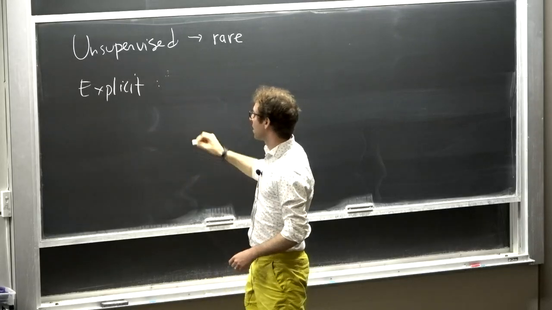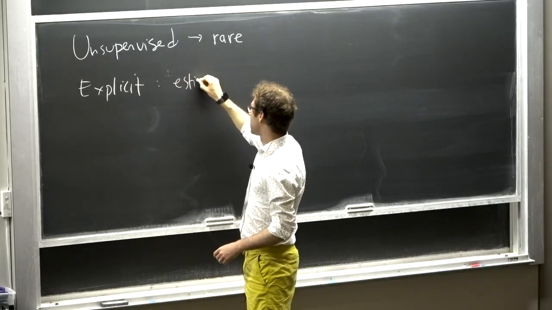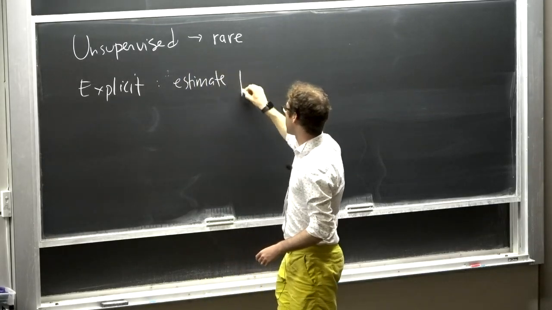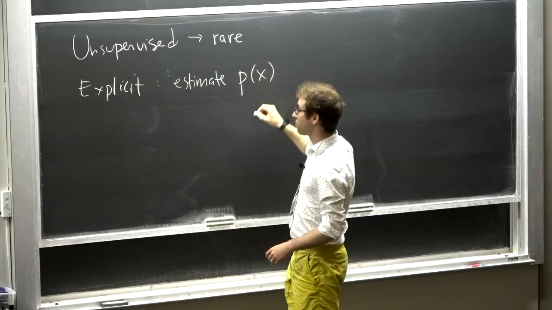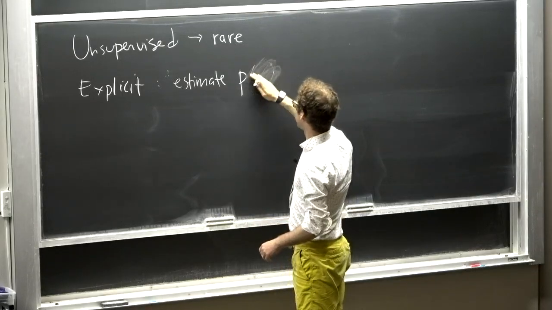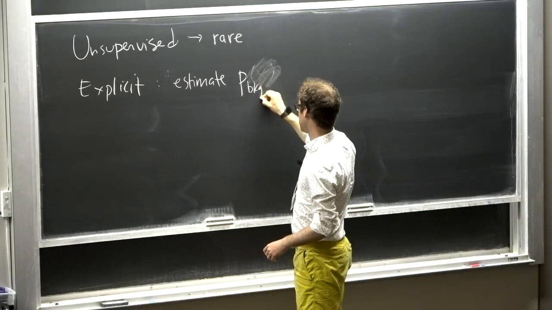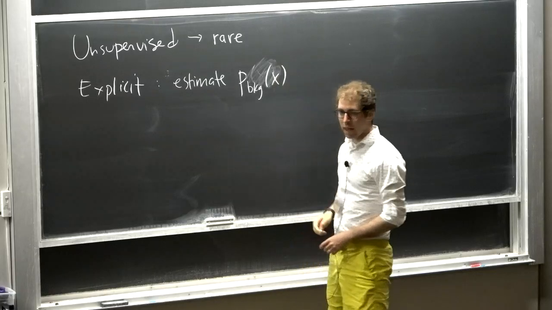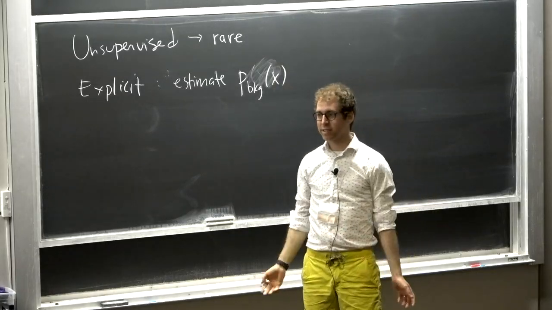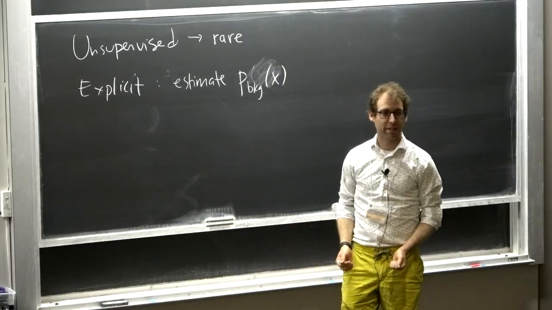So explicit would be like estimate P directly, P of the background. And then you'd say look for events that have low probability under the background.